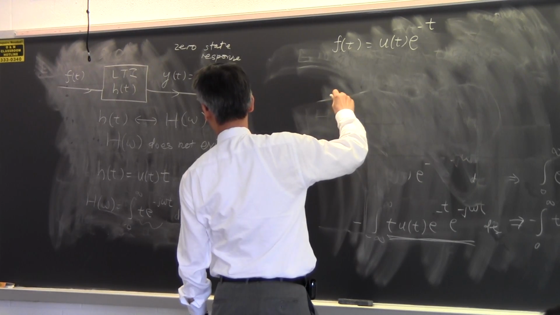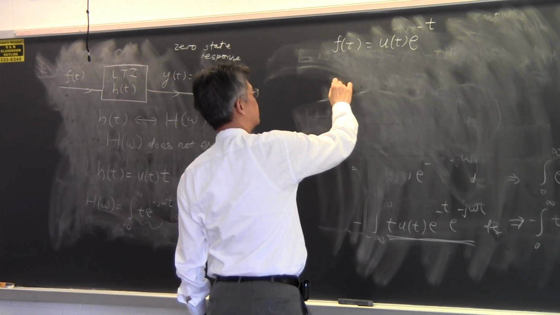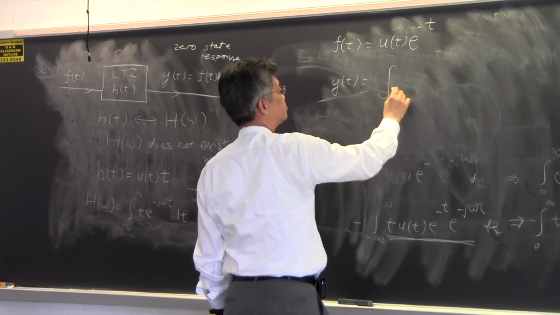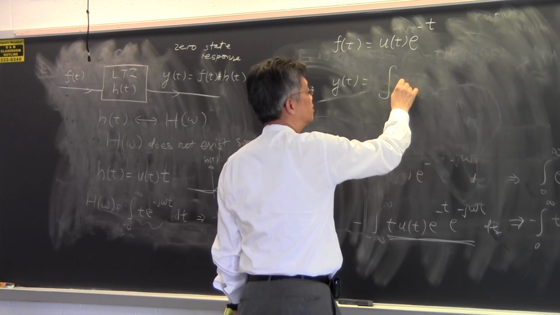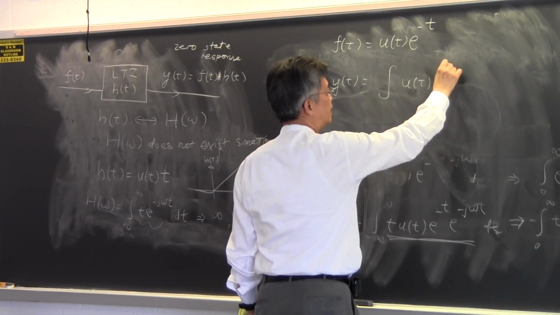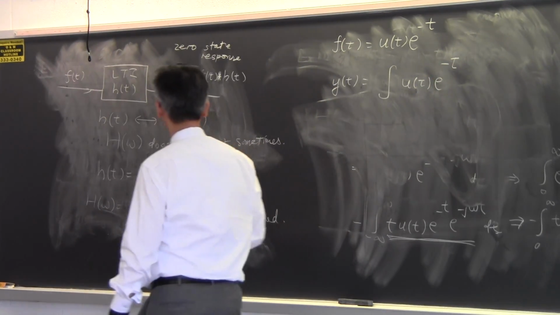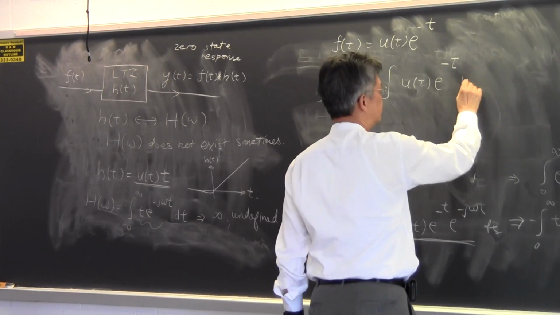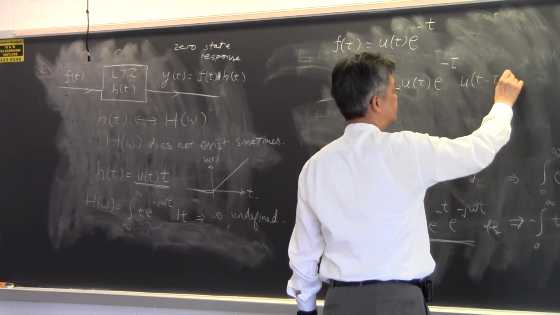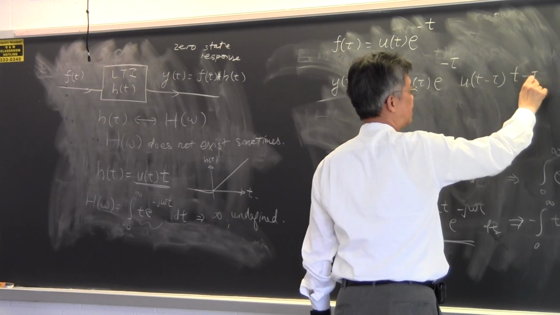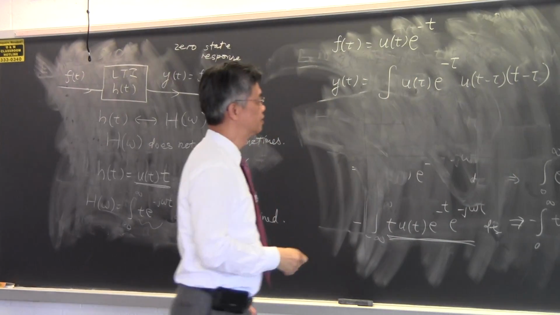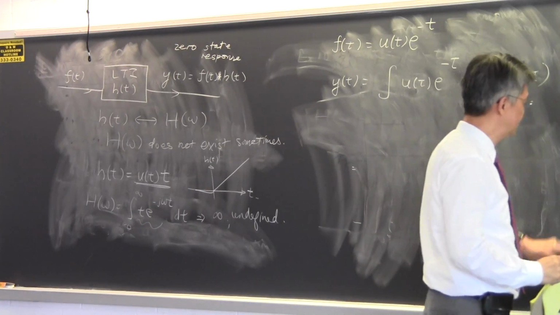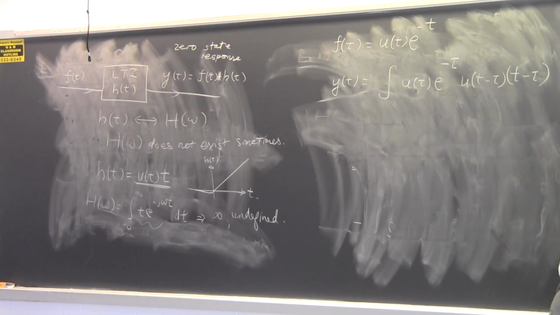Then my y of t will be the integral of u of tau e to the minus tau, convolving with u of t minus tau, t minus tau.